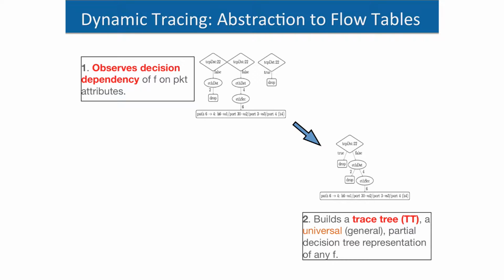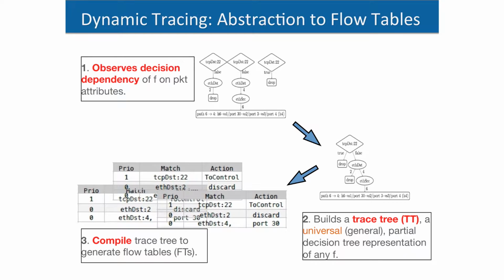For every packet entering the network, we build a trace, and we convert all these traces into a trace tree, which is a universal decision tree for the function f. In the end, Maple will compile the trace tree into flow tables and then send the flow tables with corresponding entries to the data plane.